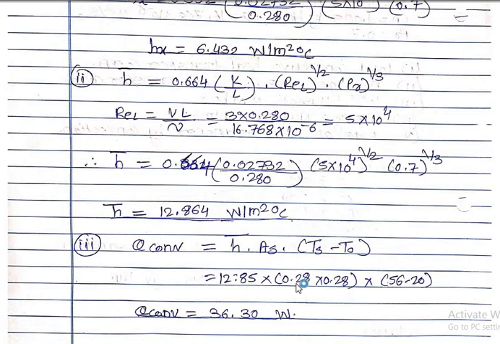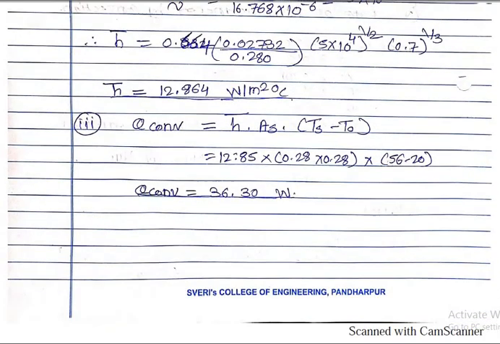So a square surface area, 0.28 × 0.28 × (56 − 20). After calculation we get the convection heat transfer as 36.30 W.